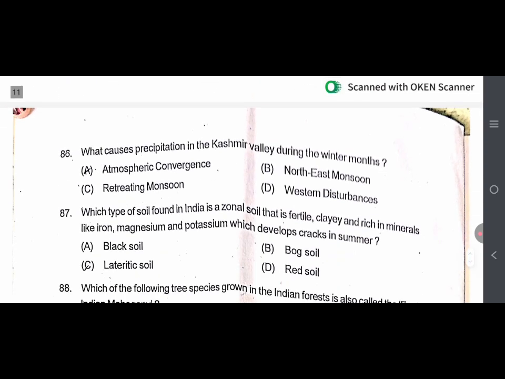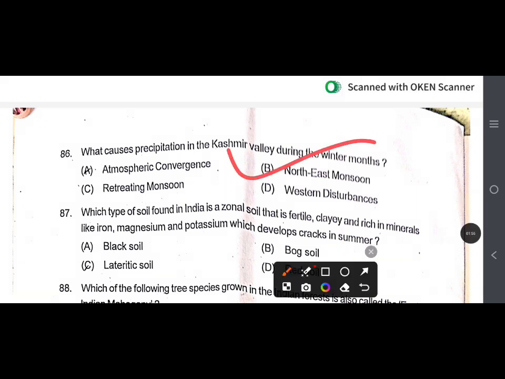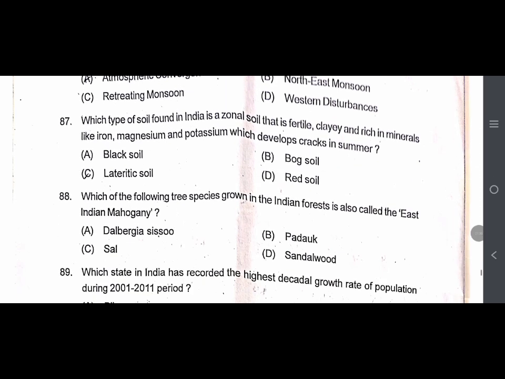86. What causes precipitation in the Kashmir valley during the winter months? Okay, answer to be north east monsoon. 87. Which type of soil found in India is a zonal soil that is fertile clay and rich in minerals like iron, magnesium and potassium, which develops cracks in summer?